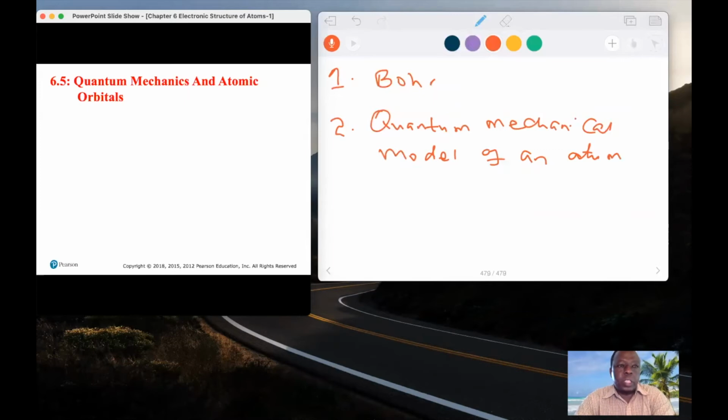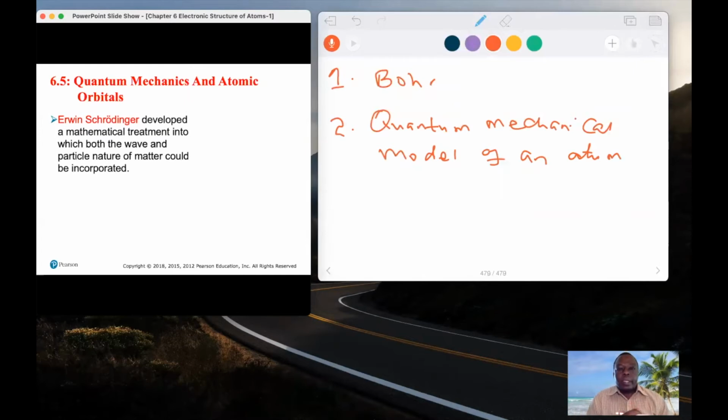Now, our section 6.5. We are coming in now with the understanding that it is not possible to know the position and the speed. Schrödinger, excuse my pronunciation, was an Austrian physicist who reconciled the wave property and the particle property of an electron.